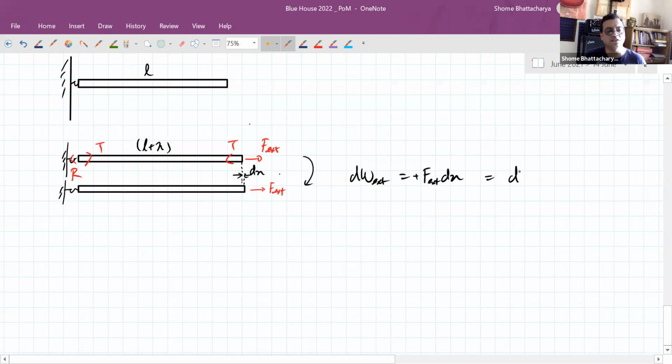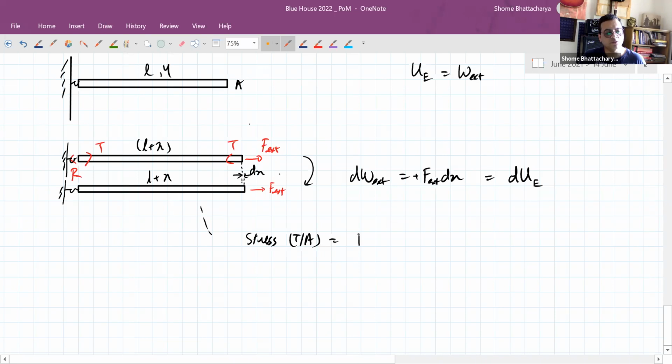So that is equal to the change in elastic potential energy, as per the definition that elastic potential energy is the total work done by the external agent. So it's like this. Okay. Now you can see that during this time, this is having a stress of T by A, where A is the area of cross section, Y is the Young's modulus.